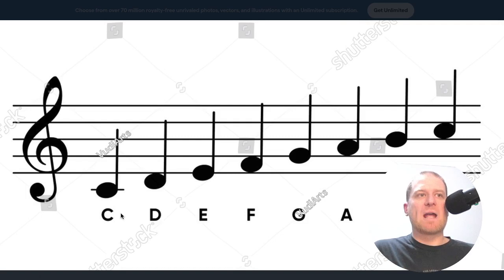We have letters of the musical alphabet here underneath these notes, and these letters correspond to these pitches. When I say pitch, I mean a frequency, a note that you can find on your instrument. If you're a guitar player or bass player, you'll find those by putting your finger on one of the frets on the fretboard. If you're a piano player, you'll play one of the keys. If you're a saxophone player, you'll blow into the mouthpiece and open and close some valves. That kind of thing.